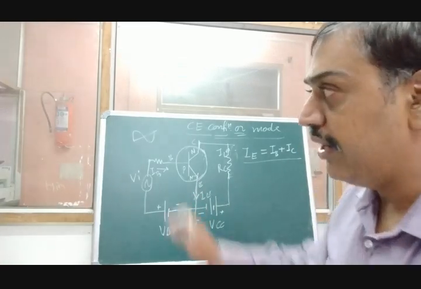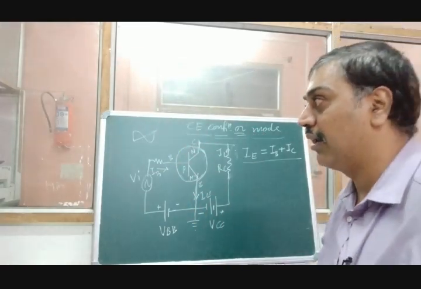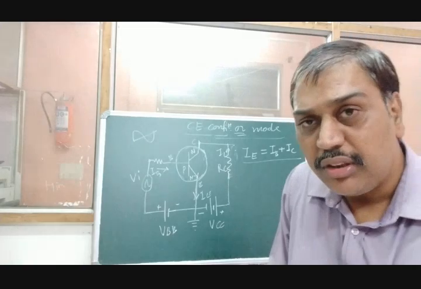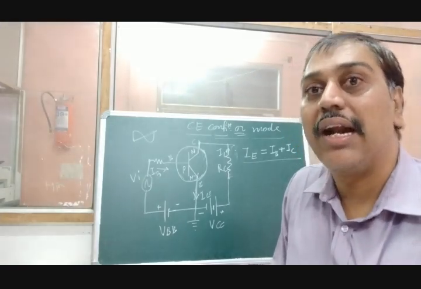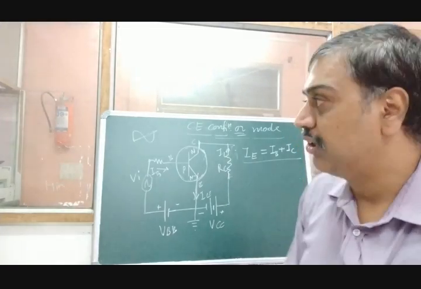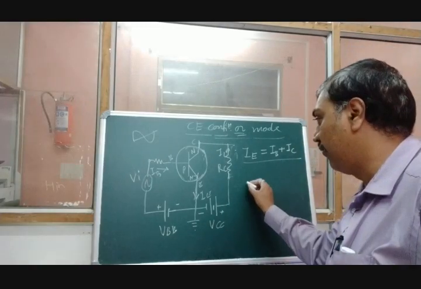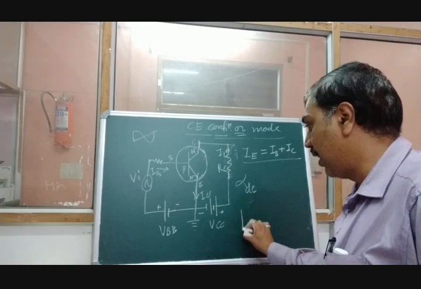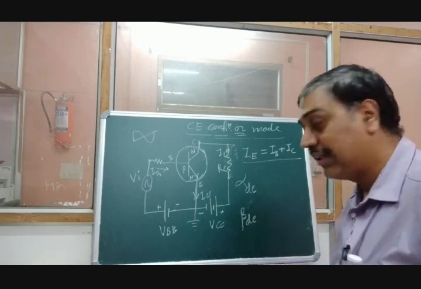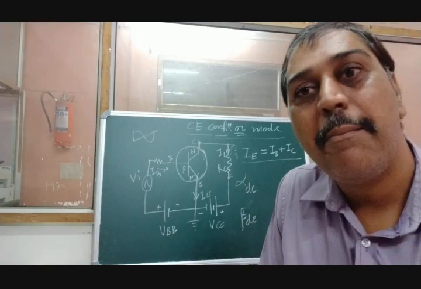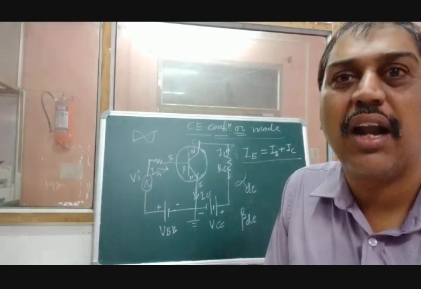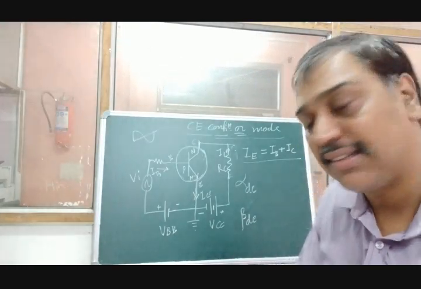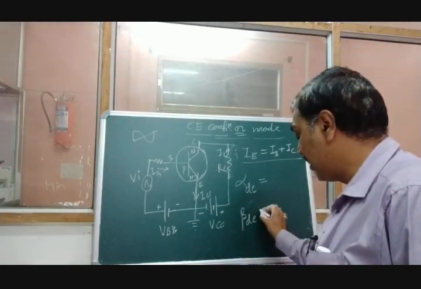Now here we have to see one parameter, and that parameter is said to be current gain. So how do we find the current gain? There are two factors, alpha DC and beta DC, which are ratios of currents, and that's why they are said to be current gains. So what is alpha DC and what is beta DC?